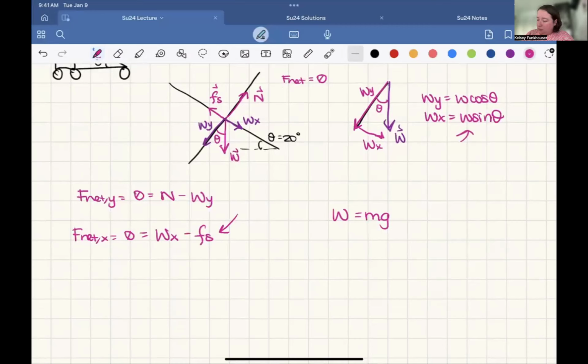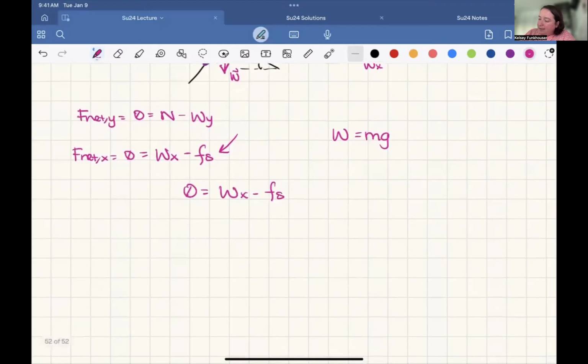And so we can just use this to find the static friction. So 0 equals the weight in x minus the static friction force. And then we'll add static friction to both sides. And we get static friction is the x component of the weight, which is the weight times sine theta, which is mg sine theta.